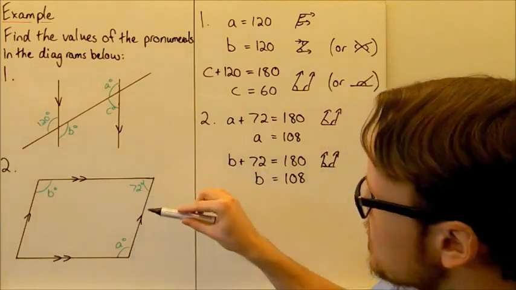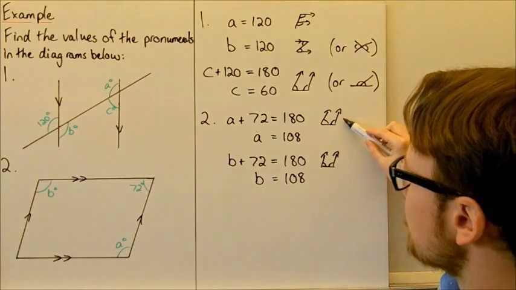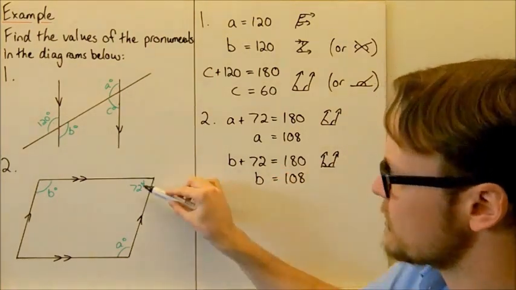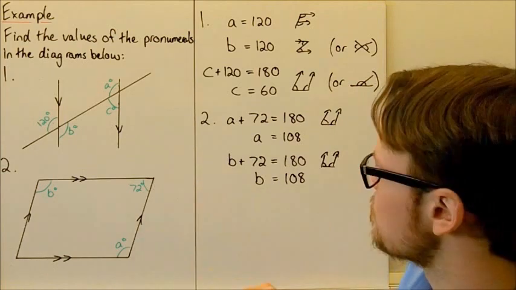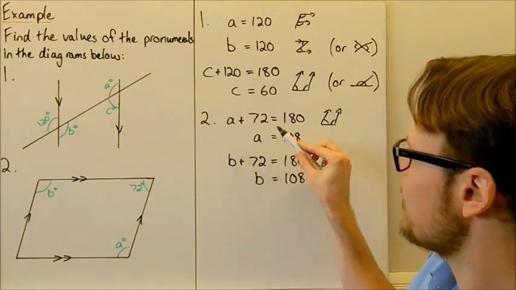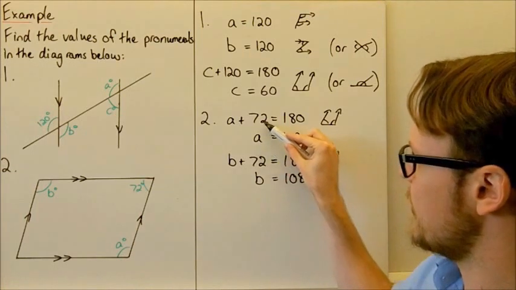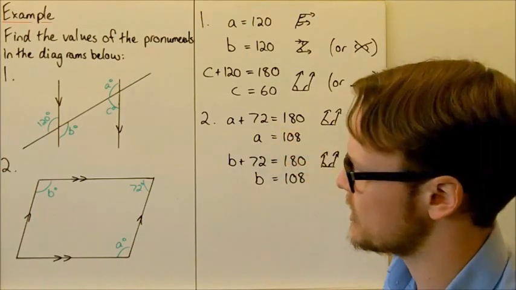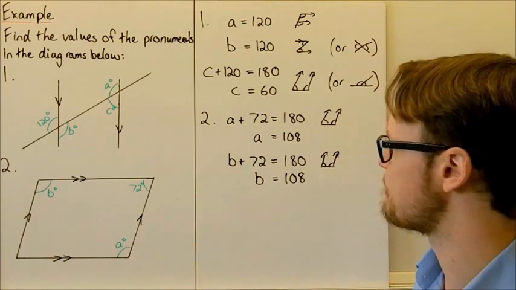So A plus 72 must be 180. So we can use the co-interior angles coded reason. Because A plus 72 must be 180, in order to make that statement true, A must be 108 degrees.